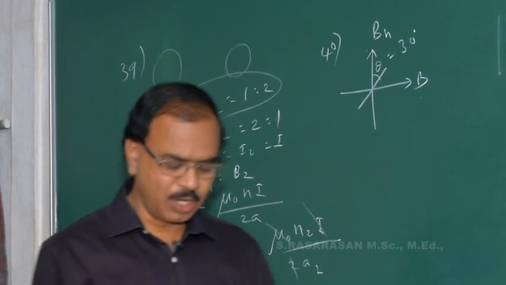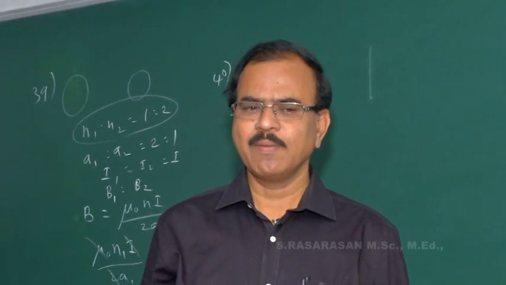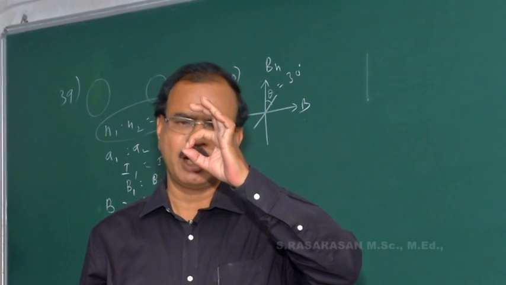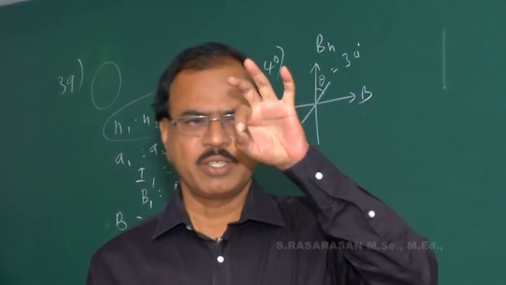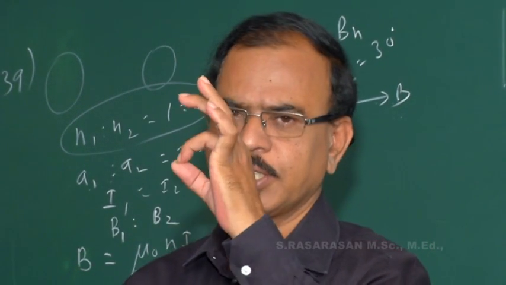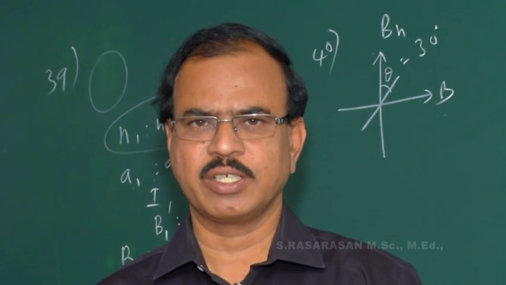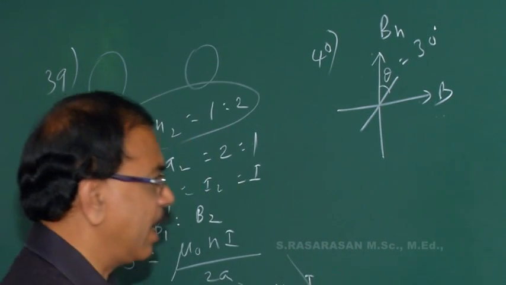If the plane of the coil is rotated through 90 degree, if this is the plane of the coil and the coil is rotated like this through 90 degree, then the magnetic field direction also changes. That means the magnetic field direction comes like this.